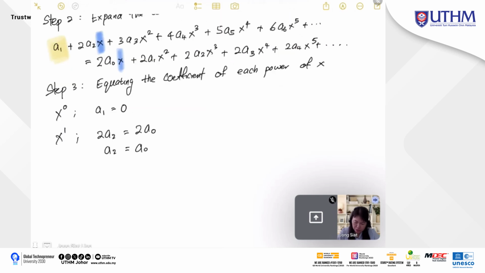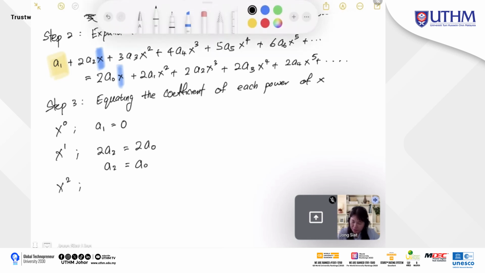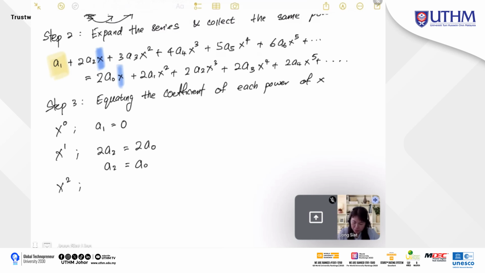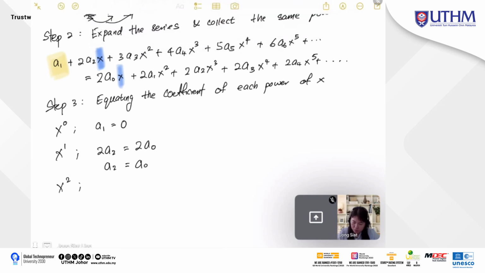We continue again to find x power of 2. I highlight again. X power of 2, this one. This is x power of 2. This one also x power of 2.